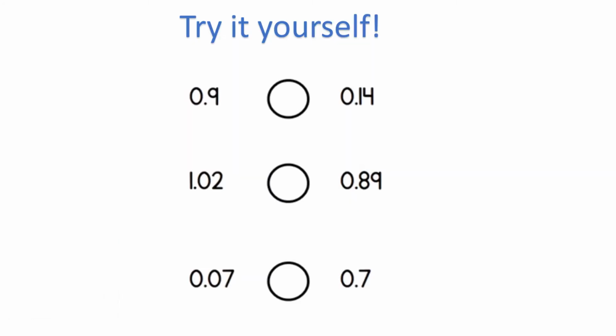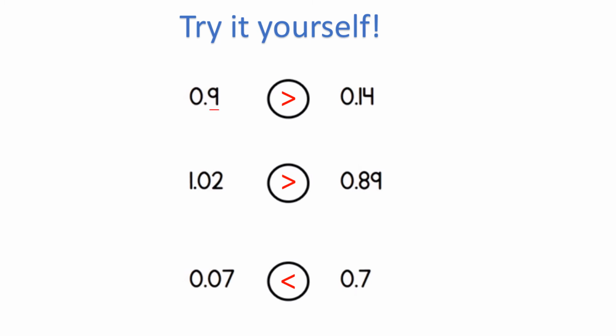Okay, let's try this. Try this yourself now. So write these in your book and put the correct symbols. Excellent. Let's go through the answers. The first one was just same as what we went through, 0.9 and 0.14. So 0.9 is greater because it's 9/10.